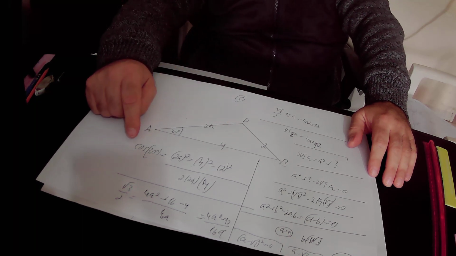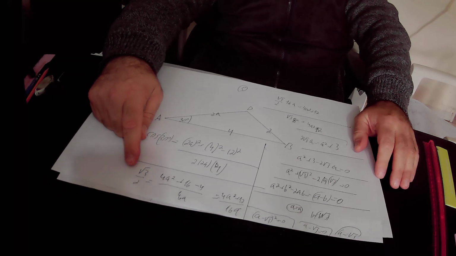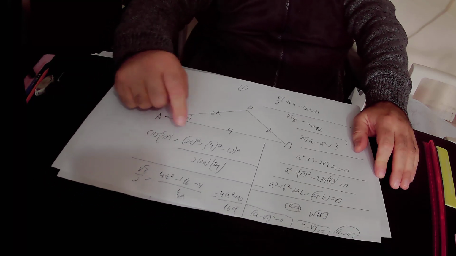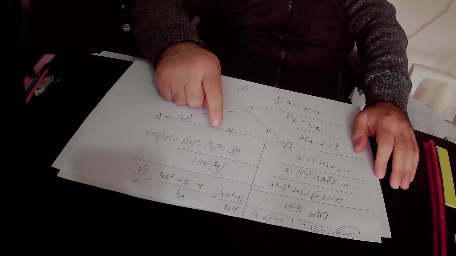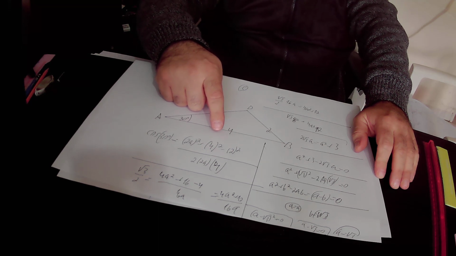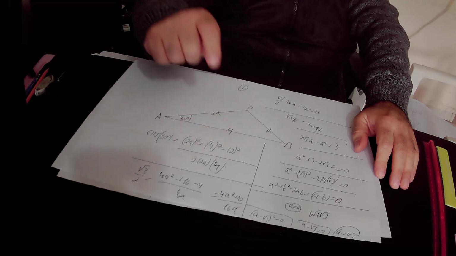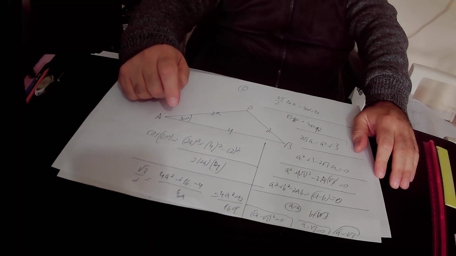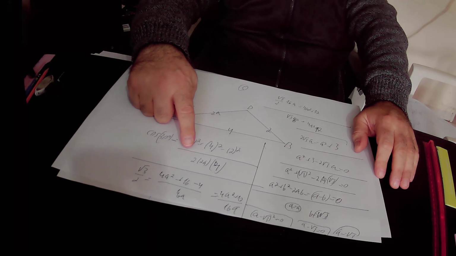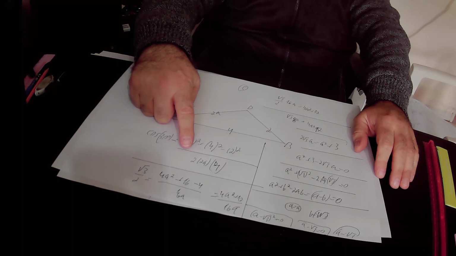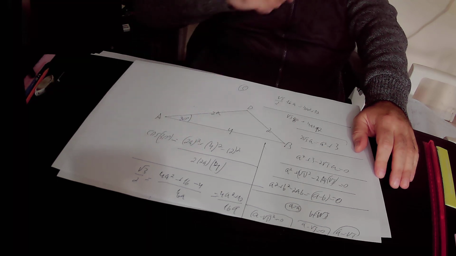Here we know that cosine 30 degrees equals square root of 3 over 2. 2A square is 4A square, 4 square is 16, minus 2 square is minus 4, 16 minus 4 is 12. And 2 times 4 is 8, 8 times 2A is 16A.